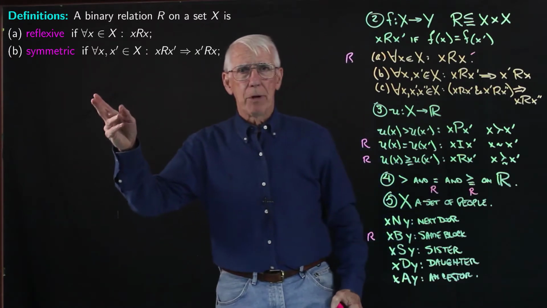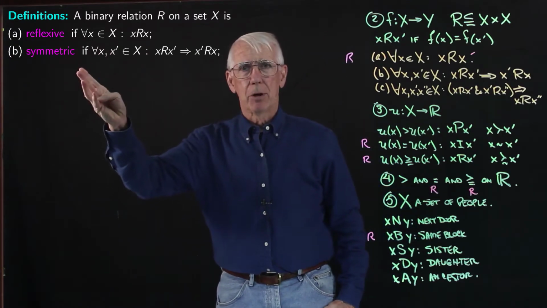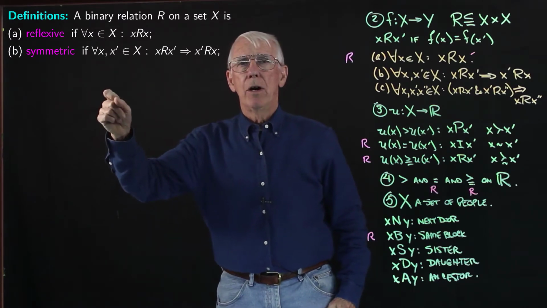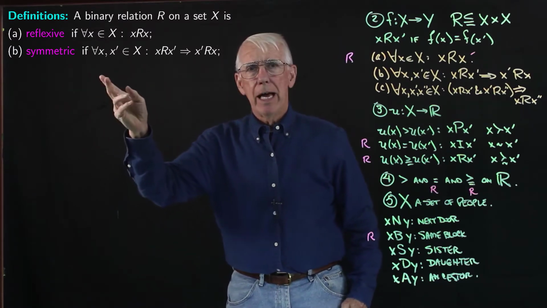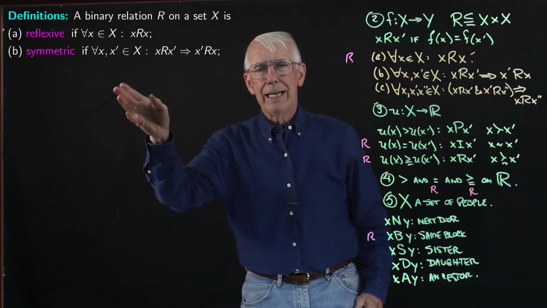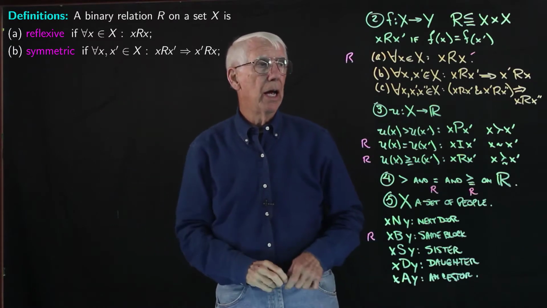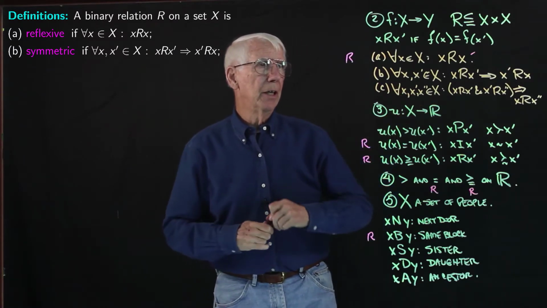Let's go to our next property, and that is the symmetric property. A relation is symmetric if whenever we have X related to X prime, X prime has to be related to X as well. And of course, we saw that over here.